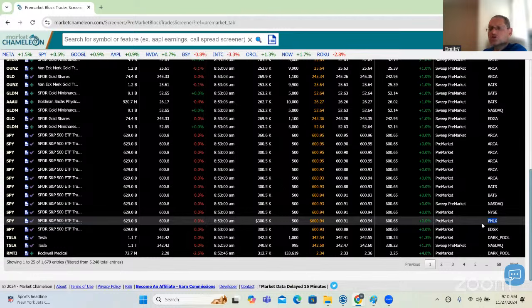So you could see it could trade on a lit exchange, which includes the major stock exchanges, New York, NASDAQ, ARCA, BATS, Amex, all those. Or it trades off exchange in a broker dealer's engine that runs the dark pool.